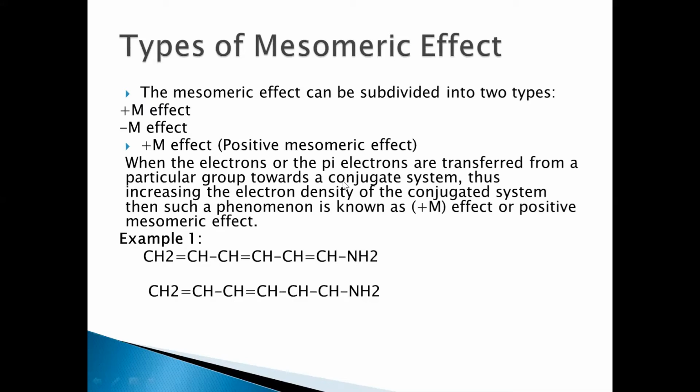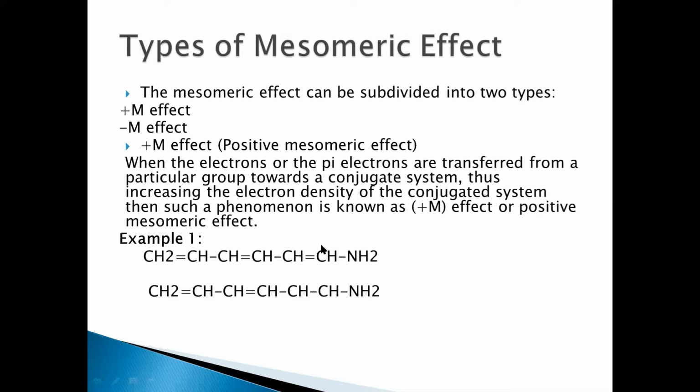When pi electrons are transferred from a particular group, here you see NH2, which has an electron pair, it is transferred from one atom to another in the conjugate system. First of all, what is the condition for mesomeric effect? We should have a conjugate system, an alternate pi bond system.